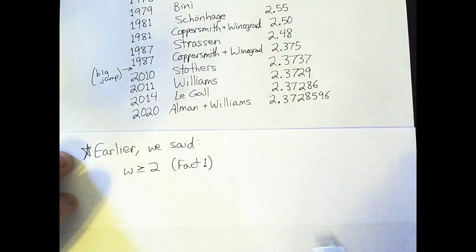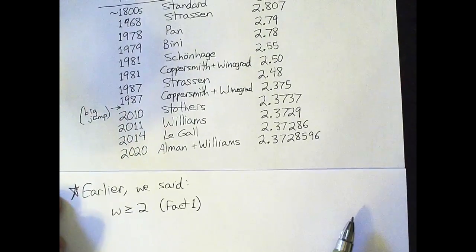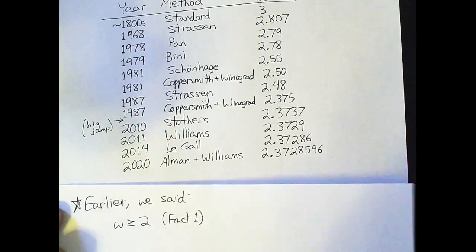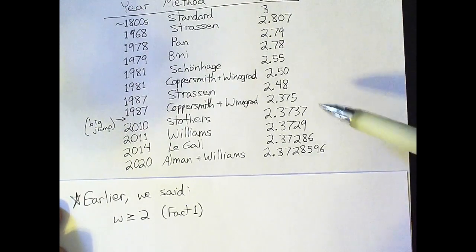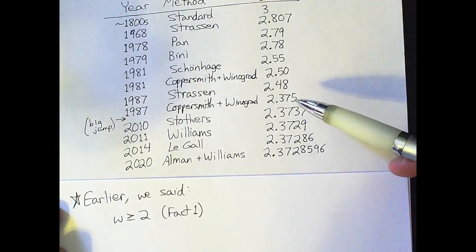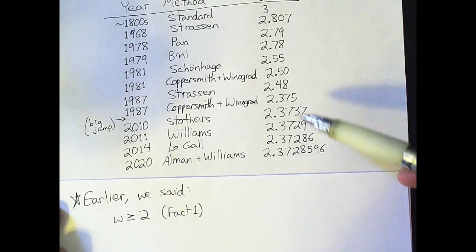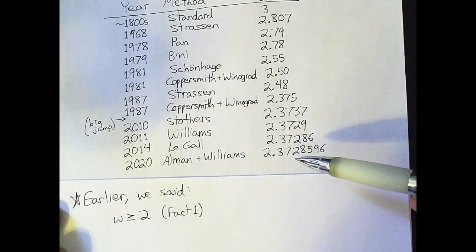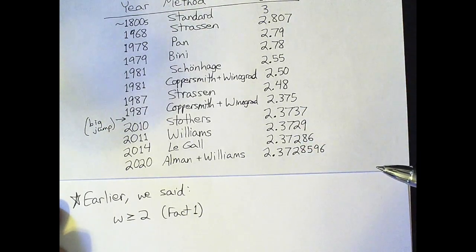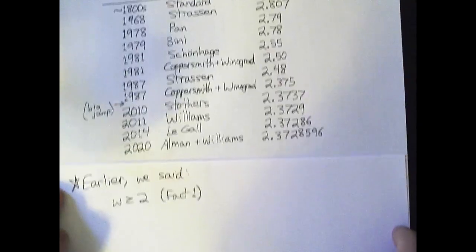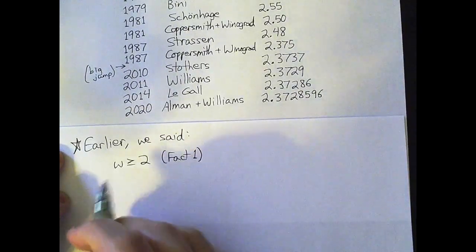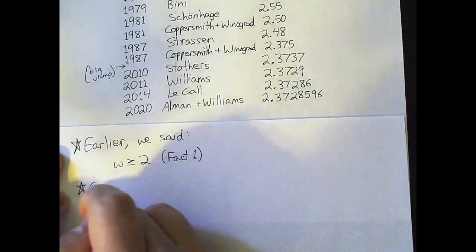So looking at this table, do you think that we're heading towards an algorithm where omega is going to get close to 2? It seems like in recent years, 2.37 something has been as far as we've gotten. Is it going to get all the way down to 2? Nobody knows. I'll say that it could be.